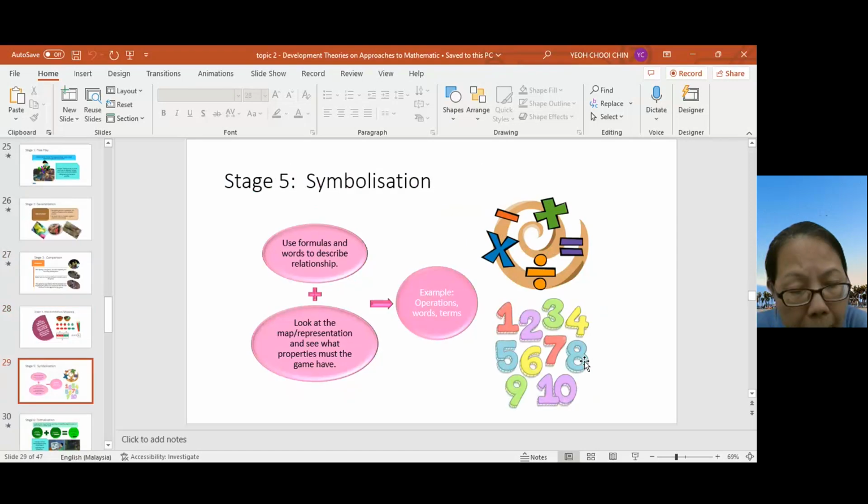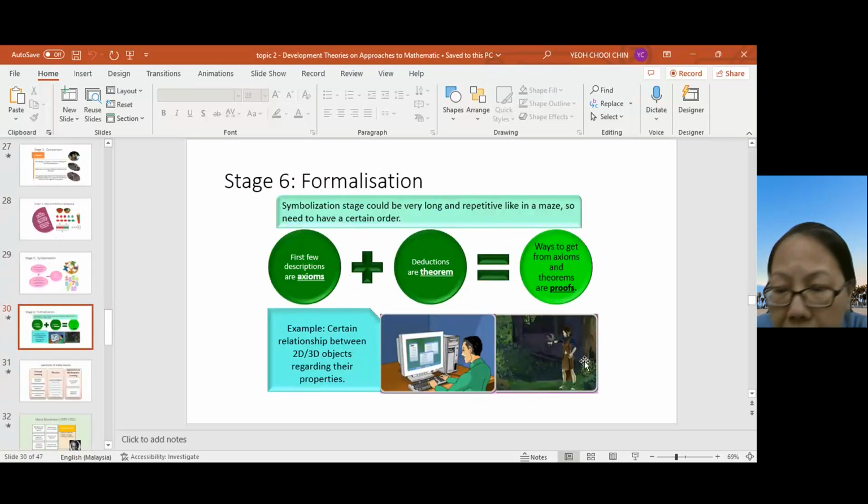Symbolization. These are all the symbols of mathematics. Use formulas and words to describe a relationship. Look at the map representation and see what properties the game must have. The symbols plus, minus, equals, formalization. The symbolization stage could be very long and repetitive, like in a maze, so you need to have a certain order.